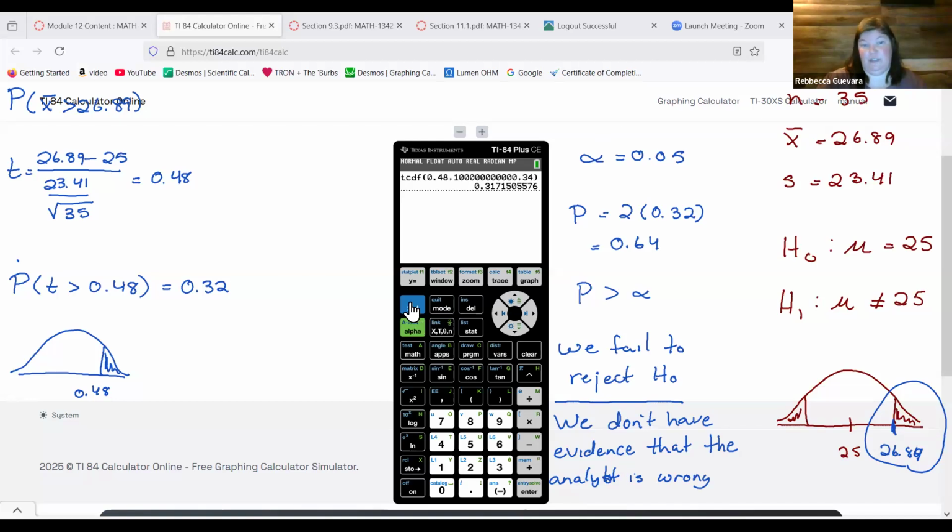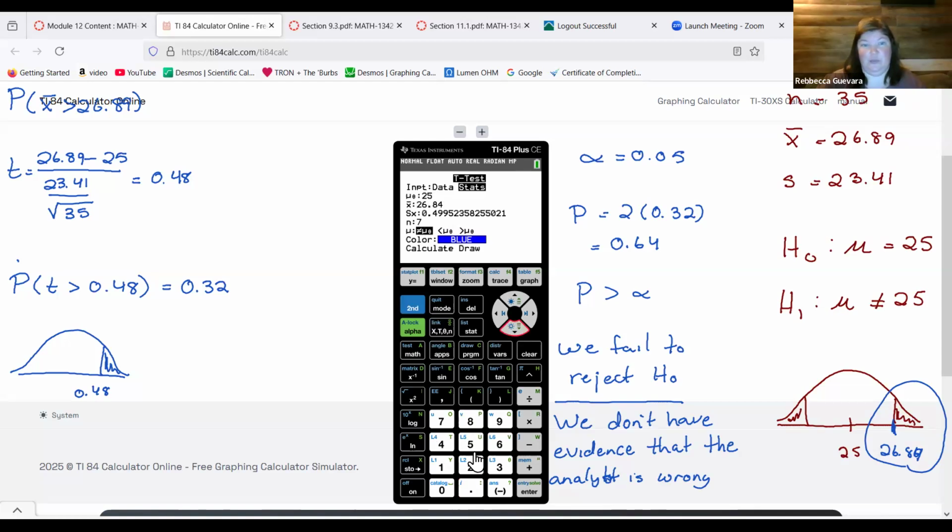Alternatively, you could have gone to Stats, then Tests, then number 2. This time we're dealing with just our statistics. The mean for our hypothesis test was 25. The mean from our sample was 26.89.